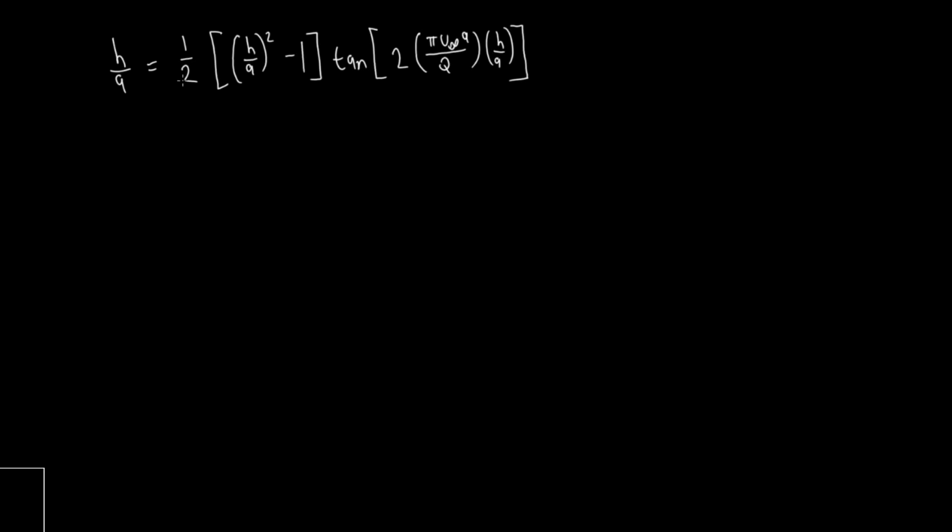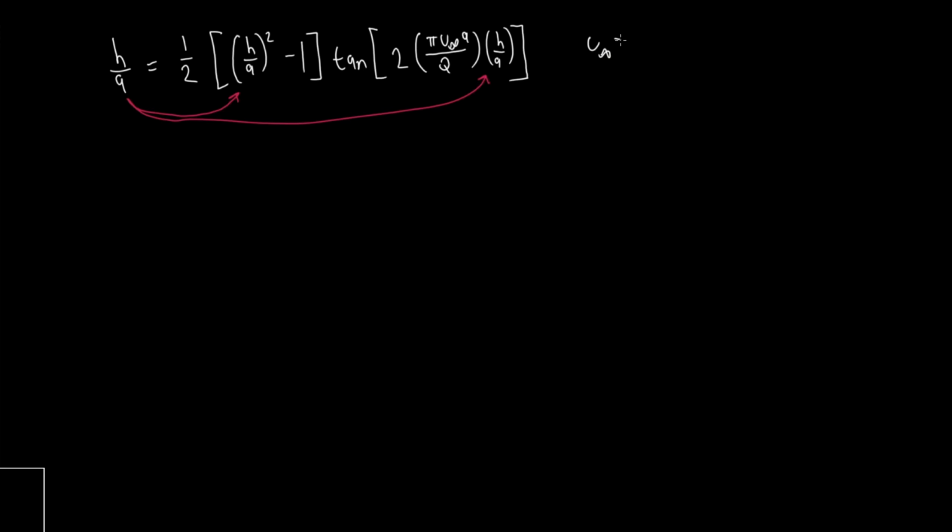Well, it is an implicit equation, which is going to make you want to cry, but we need to solve iteratively. So we can guess and check, which is exactly what we're going to do. We're going to plug in a value for h over a, which will then be plugged in here, for which all of these other quantities are known.